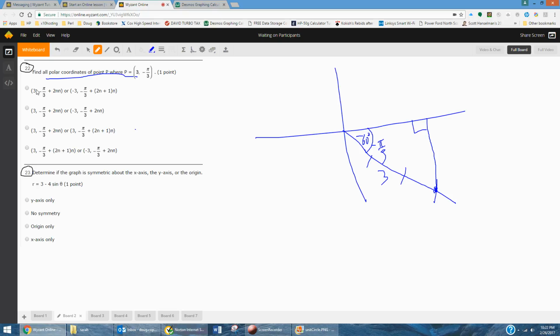They still want us to go 3, comma negative pi over 3. Then we add on 2n pi. And what that means is that we can go 2 pi in any direction, and we'll be right back where we started.